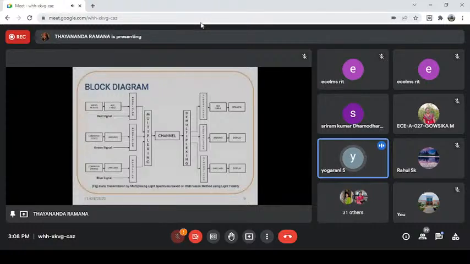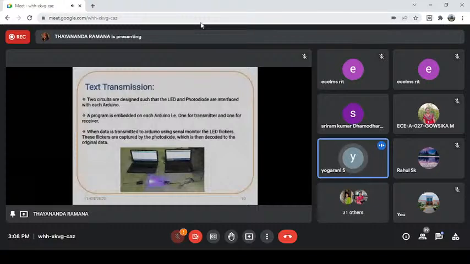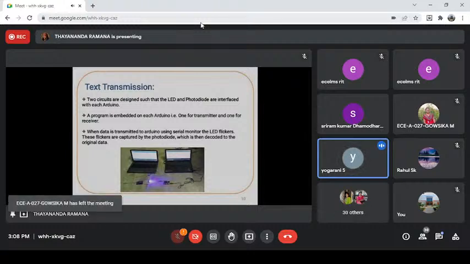Next, I'm going to explain the transmission of the separate signals in a separate manner. At the beginning, first I'm going to explain the text transmission. In text transmission, we use a green LED to indicate the text signal. There are two sections: the transmission section and the receiver section.